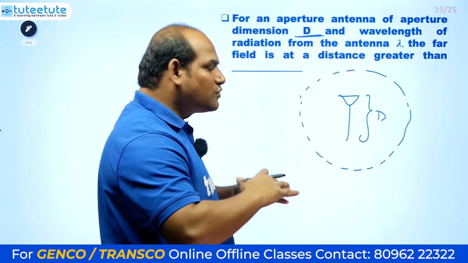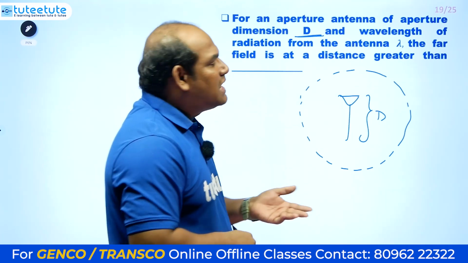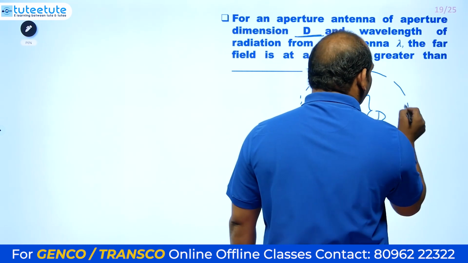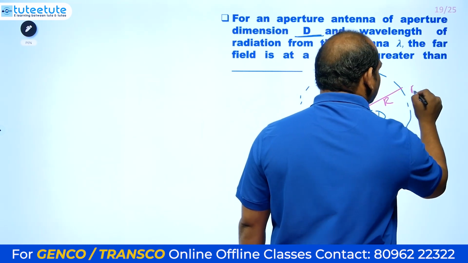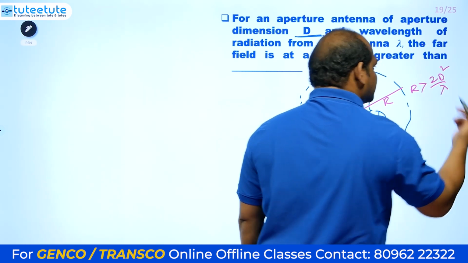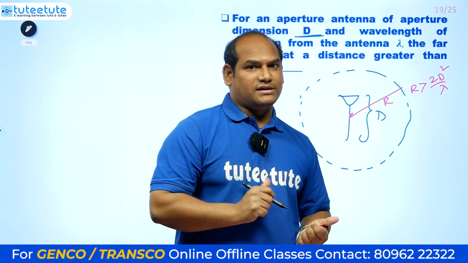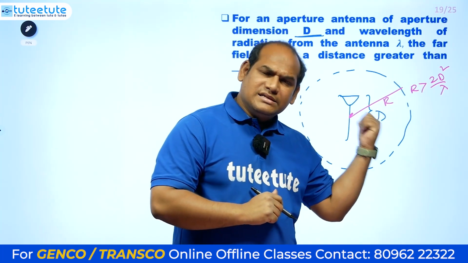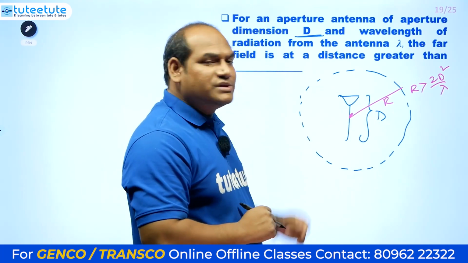Generally we consider the radiation in the far field. The far field starts if you consider the distance R from the center of the antenna, and R must be greater than 2D square by lambda, where D is the maximum dimension of the antenna and lambda is the wavelength, which can be calculated from the frequency. So the answer is 2D square by lambda.